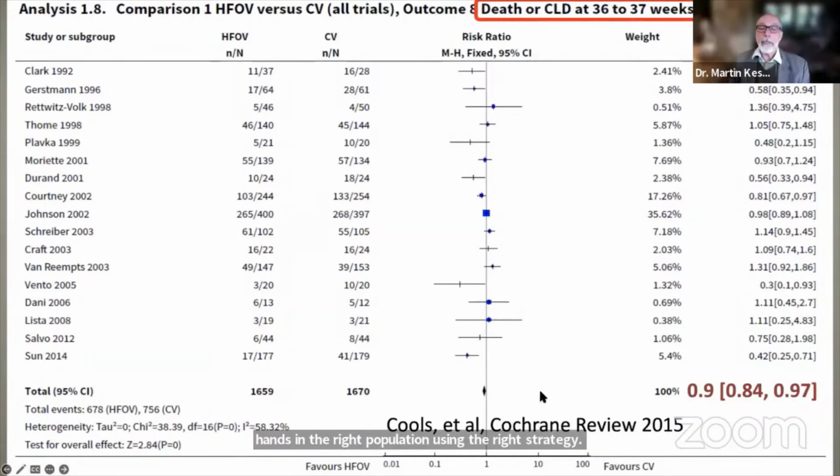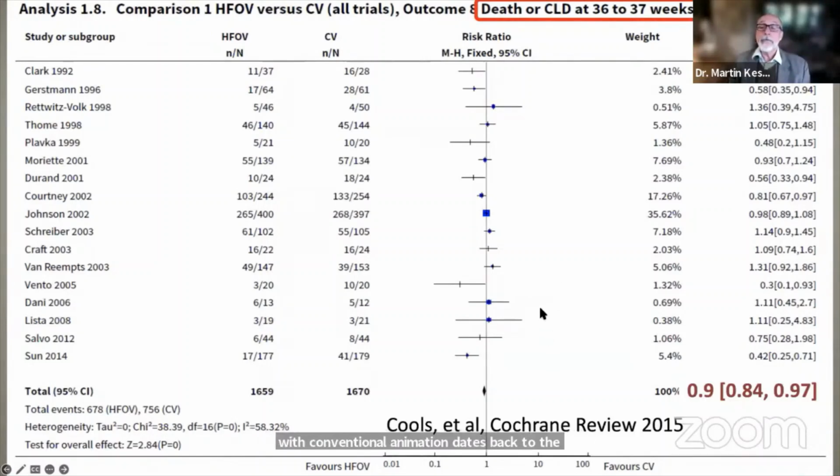But it has become more difficult to show benefit of high frequency ventilation as conventional ventilation improved, as synchronized mechanical ventilation became routine, and as we began to understand that the optimal lung volume strategy should also be used with conventional ventilation. And volume guarantee with conventional ventilation dates back to the 1990s.